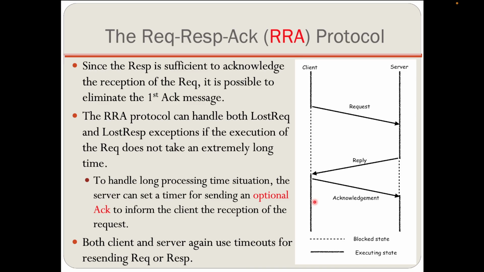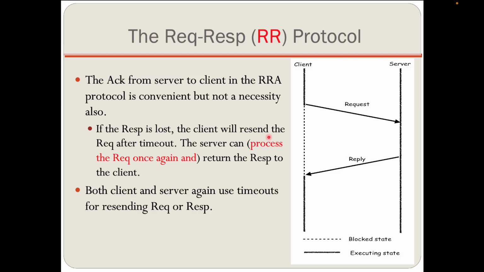So if the response is lost, the client will resend the request after timeout, and the server can just return the response to the client. It may process the request again and return, or return without processing the request, depending on how the server handles this duplicate message.